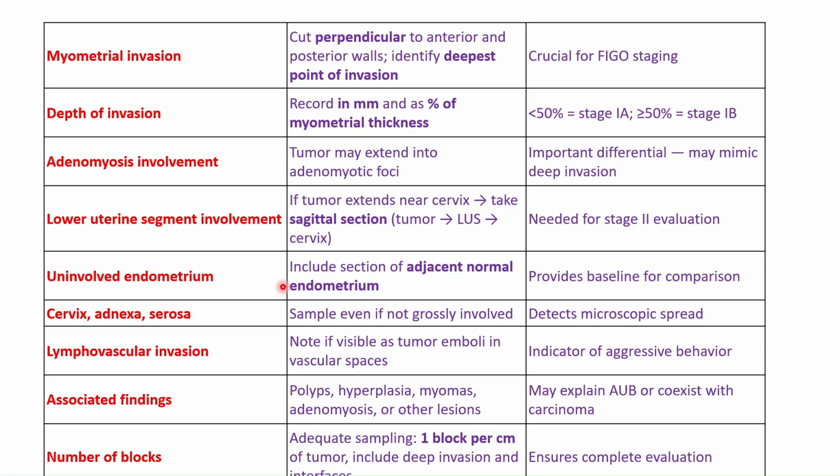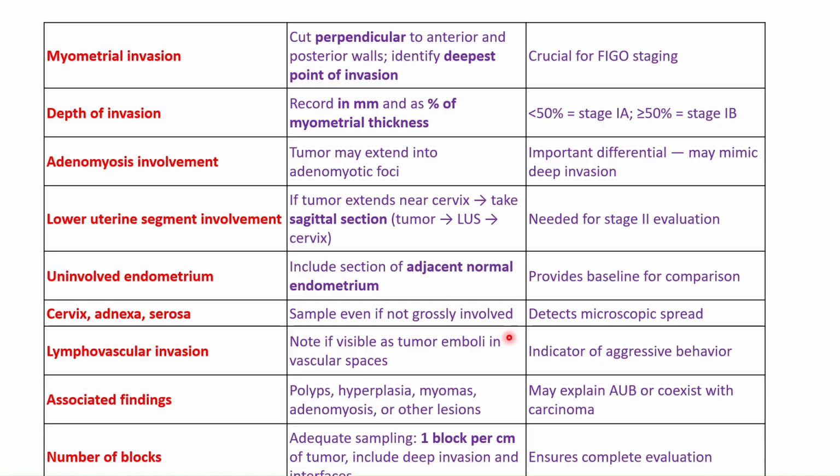Normal or uninvolved endometrium: we have to take a section from adjacent normal endometrium, which provides a baseline for comparison. Now, cervix, adnexa and serosa should be sampled even if not grossly involved, because sometimes microscopic spread can be detected from this area.